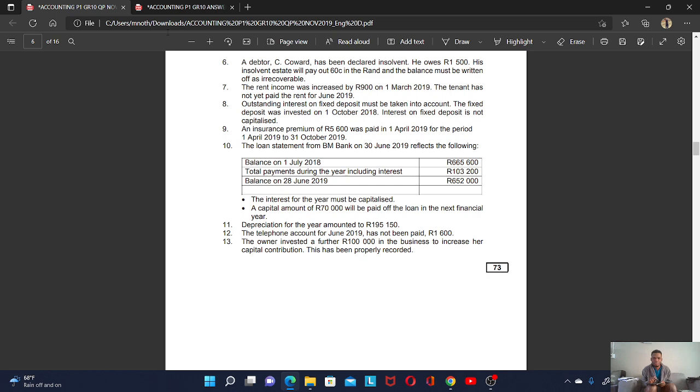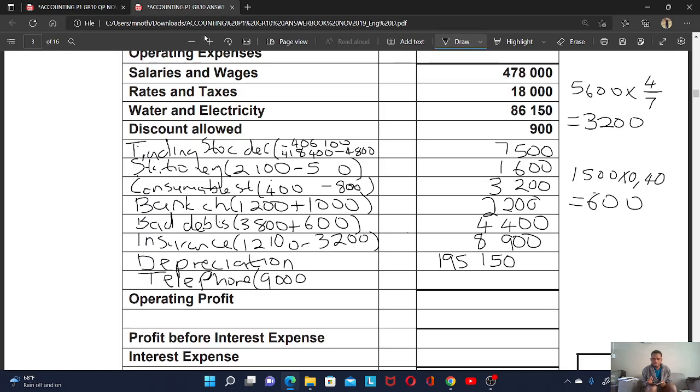It's how much? 1,600. So we have to go and add 1,600. So 9,000 plus 1,600 is 10,600.